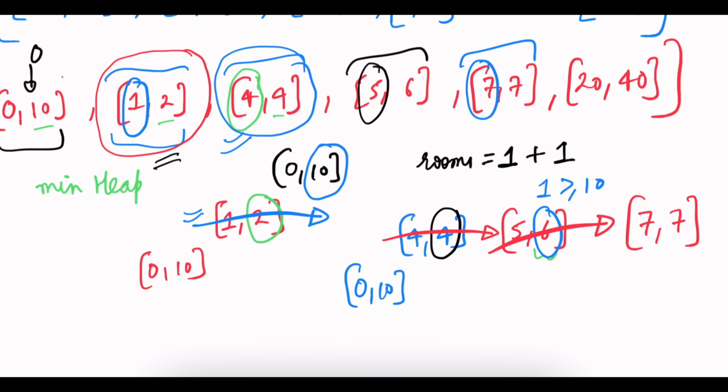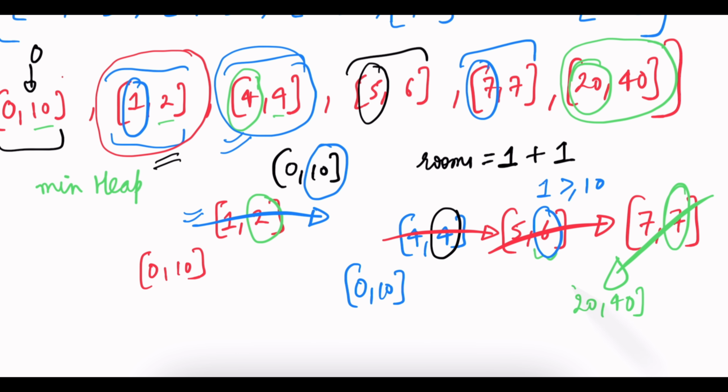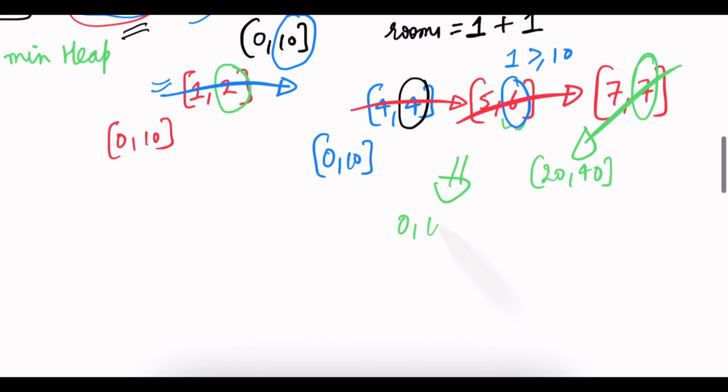And next we come at 20, 40. So the start time of this one is greater than or equal to the end time of this one. So again we poll this one and add 20, 40. And this is going to rearrange, and 0, 10 is going to be the minimum element and 20, 40 is going to be somewhere below.